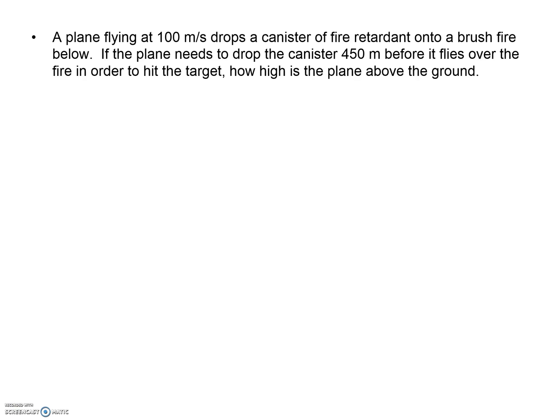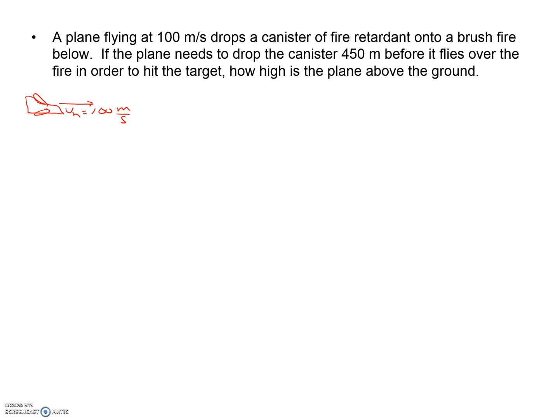So first, let's draw a diagram of the situation. So we have our plane. We'll make our little wings. Okay, and it tells us that the plane is flying with a horizontal velocity of 100 meters per second.